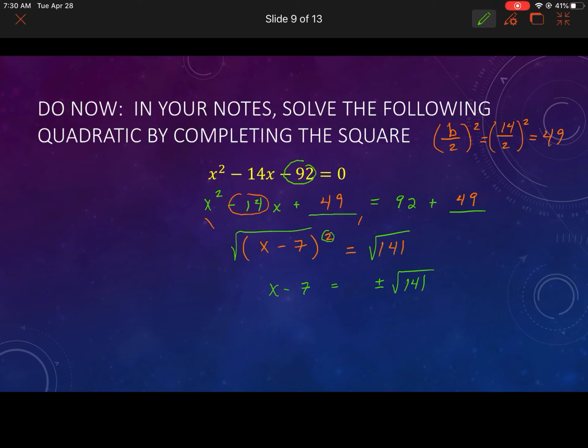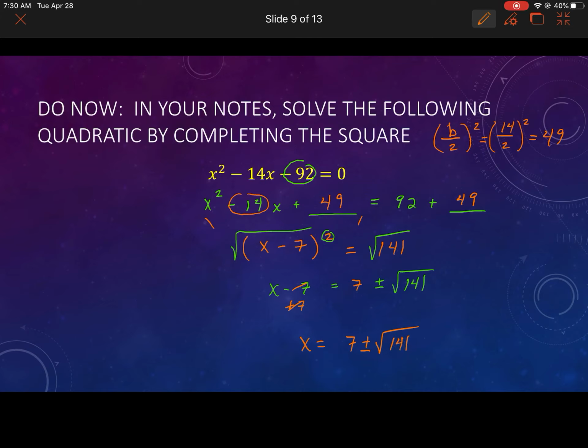There's nothing that really breaks down into that. But we do need to add 7 to both sides. So plus 7 and plus 7. So our solution ends up being 7 plus or minus the square root of 141.